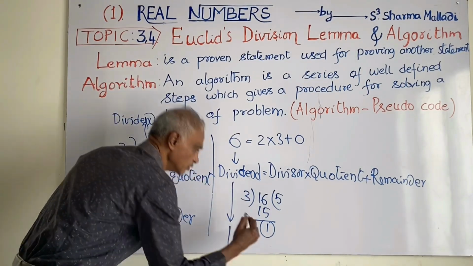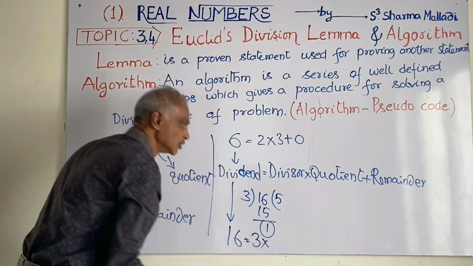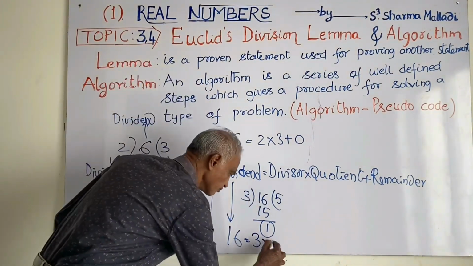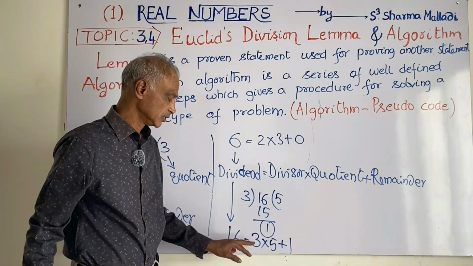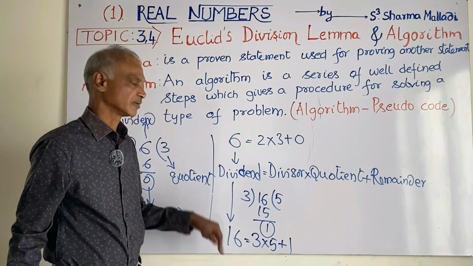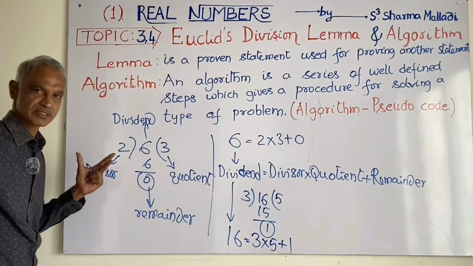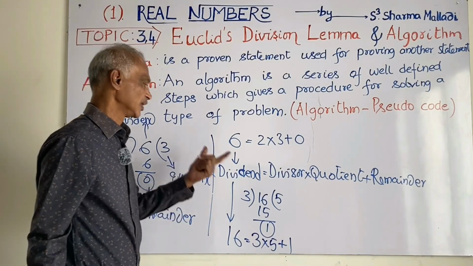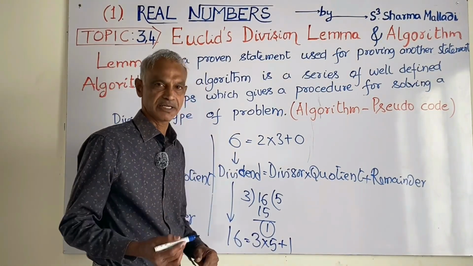Dividend is equal to divisor, 3, into quotient, 5, plus remainder, 1. 3 fives are 15, plus 1, 16. You are getting the dividend. That's why, before going to Euclid's division lemma, you should understand that dividend is equal to divisor into quotient plus remainder.